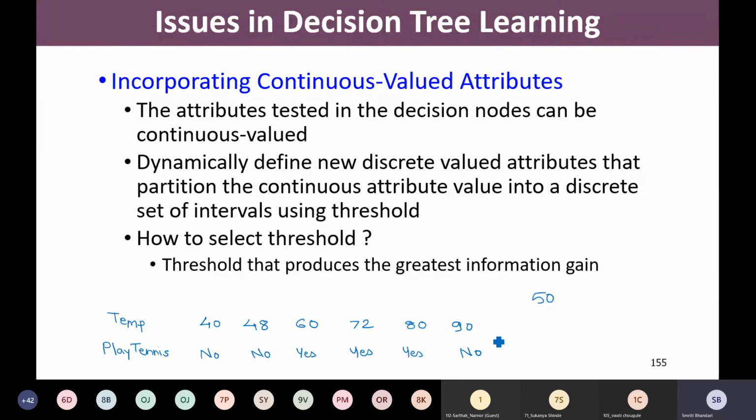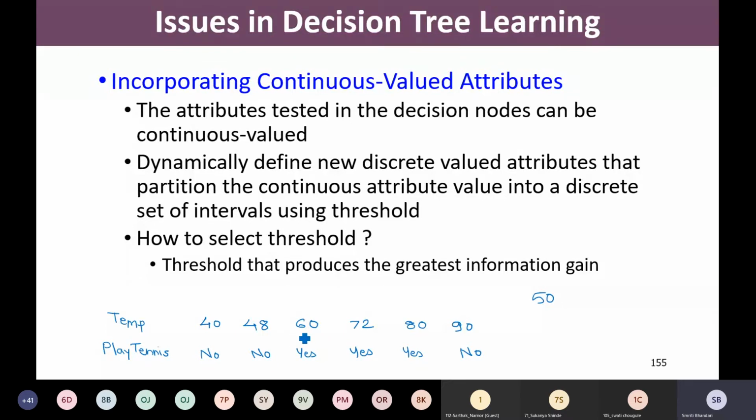And associated with these values, we have the target attribute values also. So while selecting the threshold, we are going to look at two consecutive continuous values such that the labels are changed. So 48 is the value.